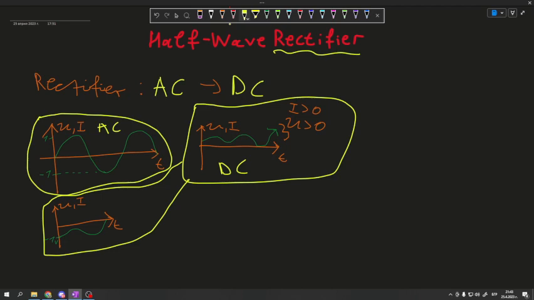And a rectifier turns AC into DC. That's basically what a rectifier means. And the other half of the name, we'll see why it's called half-wave.